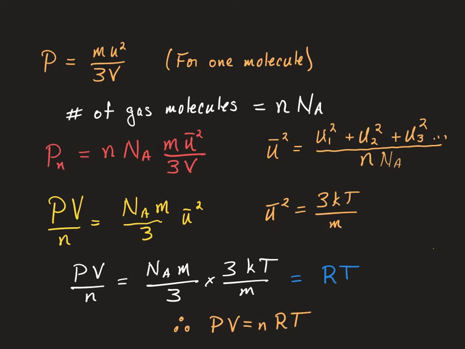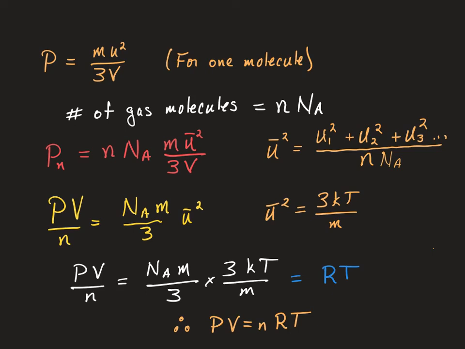So we've got an individual speed squared for every molecule in the sample divided by the total number of molecules to get the average speed squared, right?